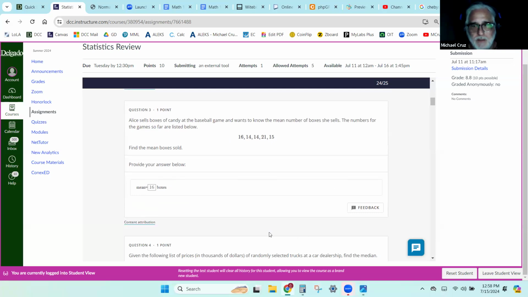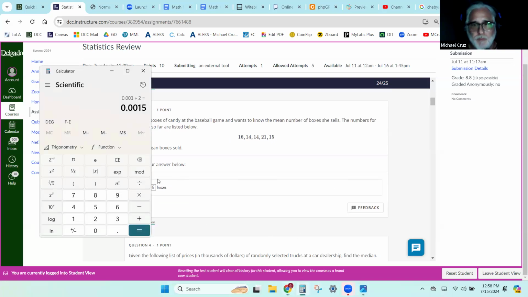So the mean is just add them up. So 80, and then we divide by 5.